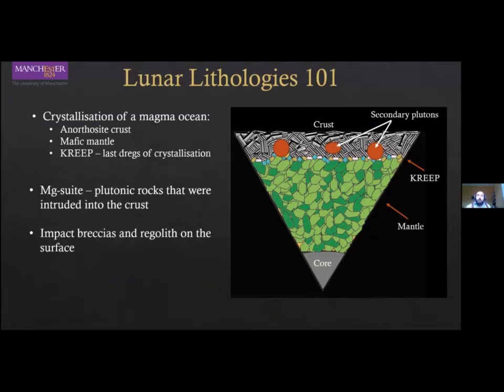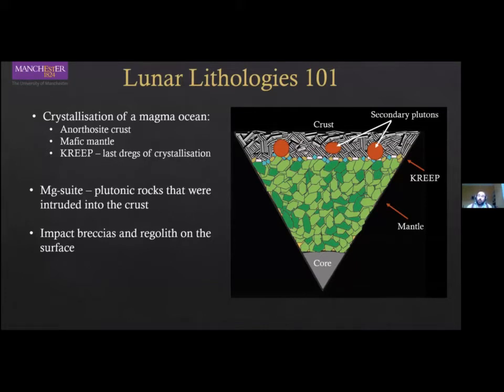And the last thing to bear in mind is that when we're sampling all these rocks from the lunar surface, either through meteorites or through the Apollo collection, the surface of the moon isn't just a pristine landscape of bedrock. It's been constantly bombarded by impacts, and it's constantly being gardened and reprocessed. So a lot of the samples we have, and this is particularly the case for lunar meteorites, are breccias, impact-related breccias.